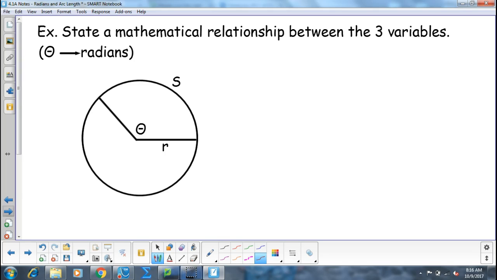Is it theta equals S over R? Theta equals S divided by R?